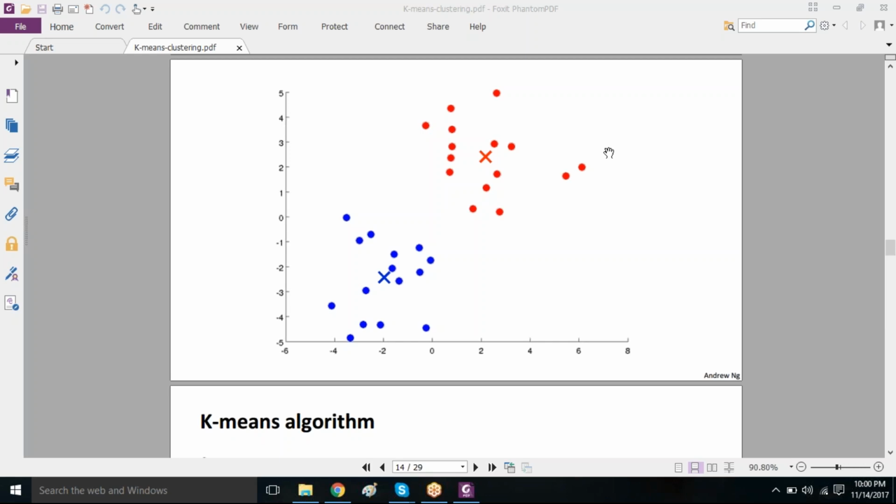Then update the mean by taking the mean of those points. And once the means are updated, again assign the data points to the nearest cluster, and keep on doing the same thing. Again update the mean, again assign, again update. Keep on doing this until finally you see that there is no change. That is how the k-means algorithm works.